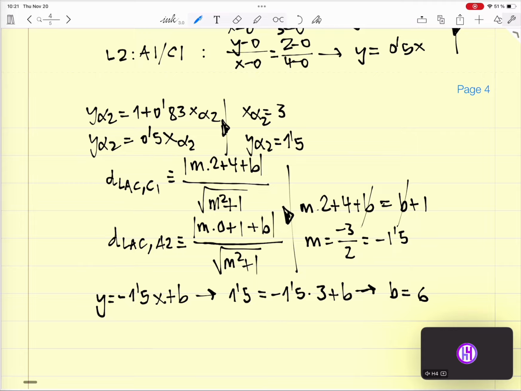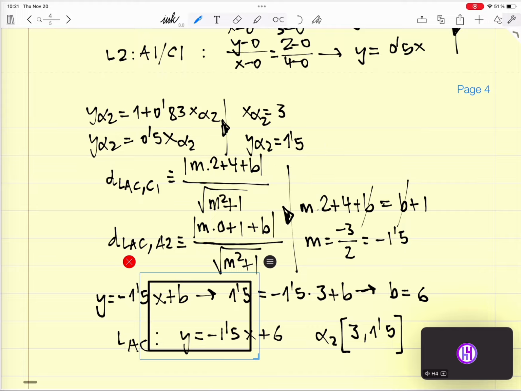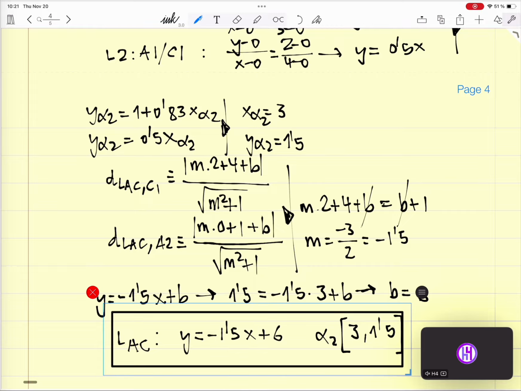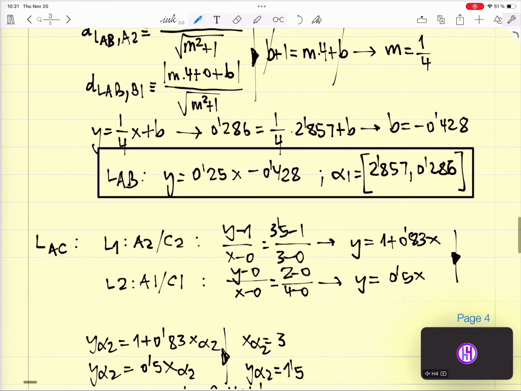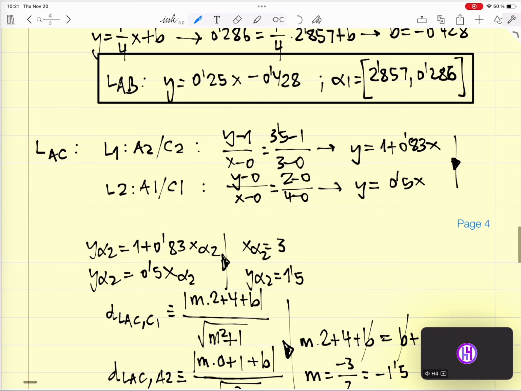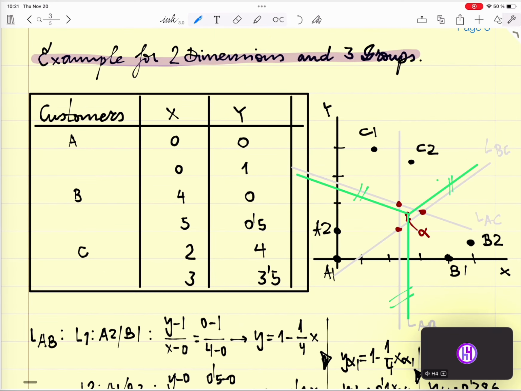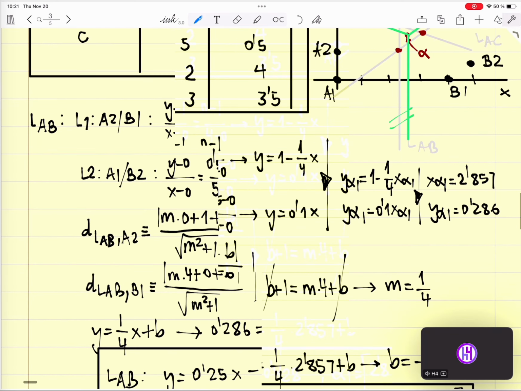So our line between A and C is going to be y equals minus 1.5x plus 6, and the alpha point 2 is going to be (3, 1.5). Basically the same dynamics as before. This is A and C, and then we do B and C.